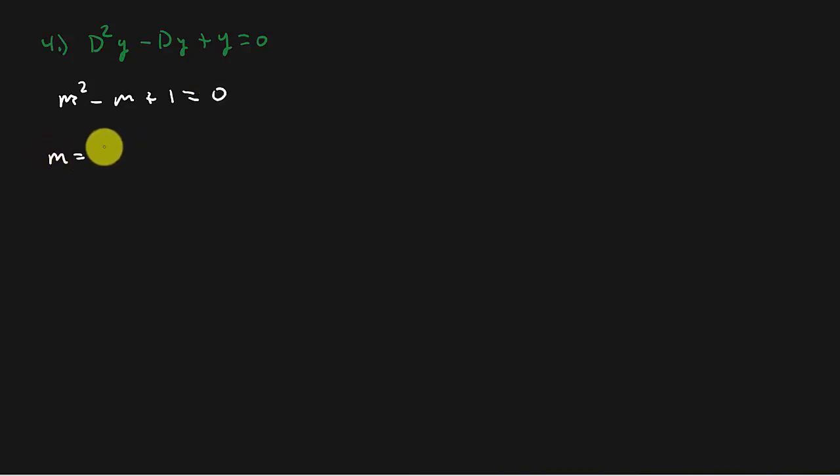So I've got m equals negative b, because remember, a is equal to 1, b is equal to negative 1, and c is equal to 1. Remember, a is the coefficient in front of the squared term, b is the coefficient in front of m, and c is your constant.